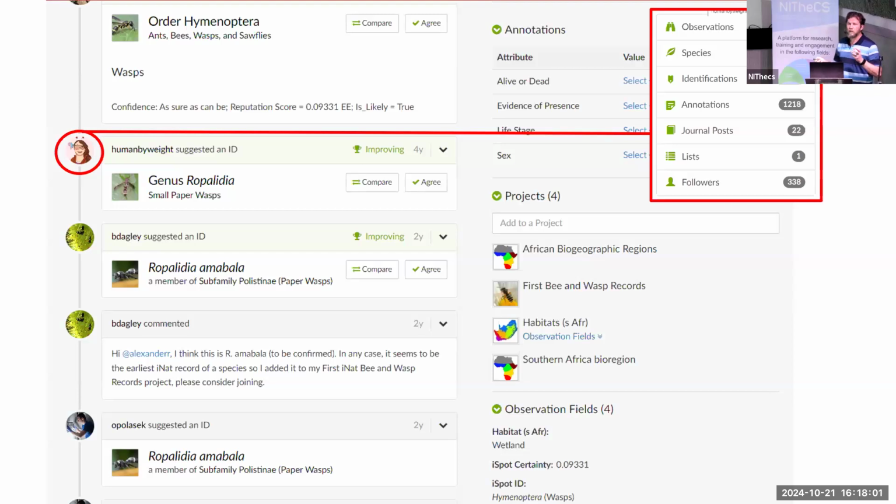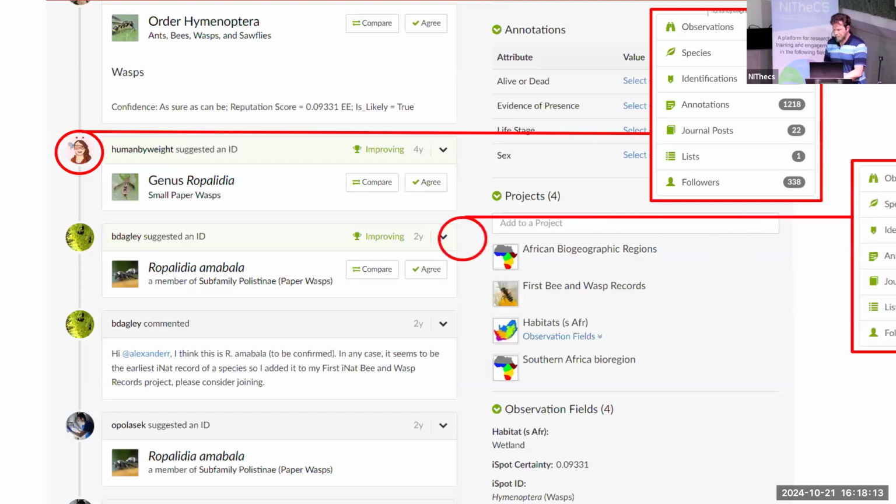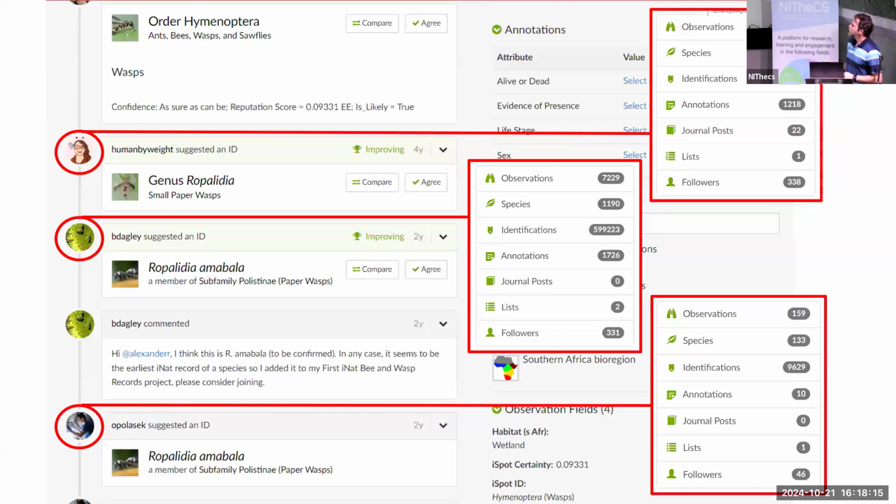So that book I showed, that beautifully illustrated book of North America, the author is actually also on iNaturalist. So you have someone who's doing it digitally and is writing books about it. It's fantastic. And then if we look at the other two, so B. Dagley has almost 600,000 identifications.